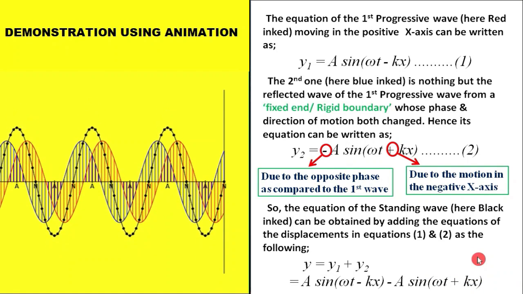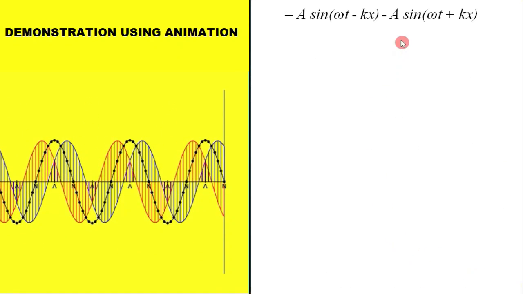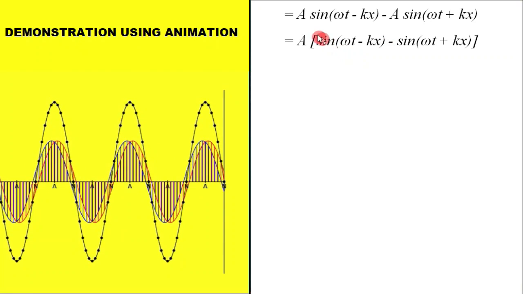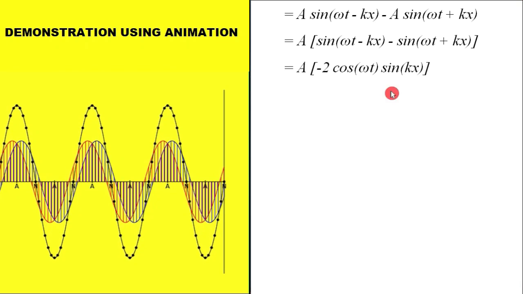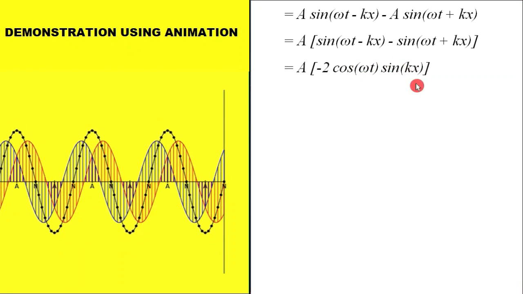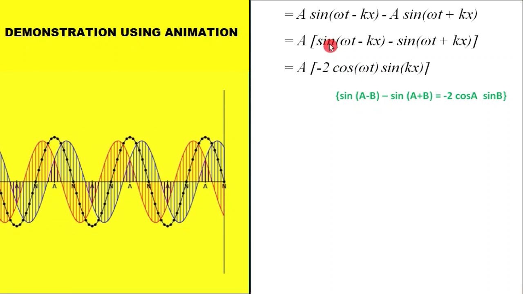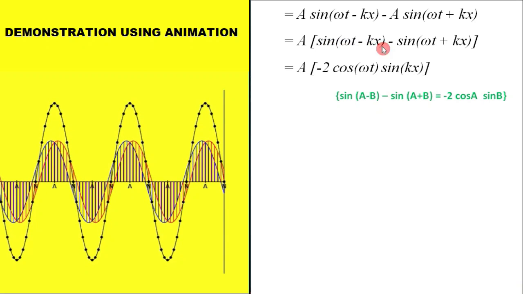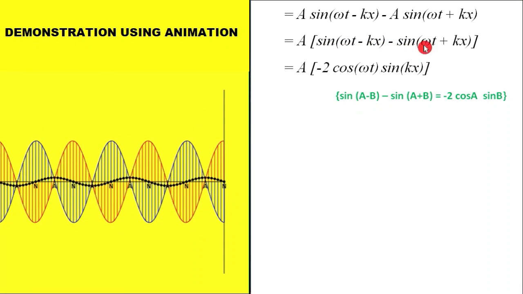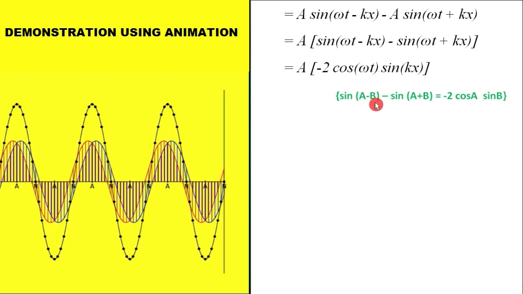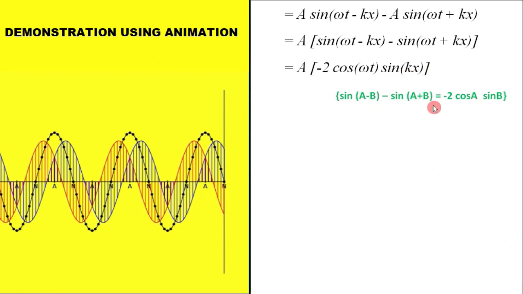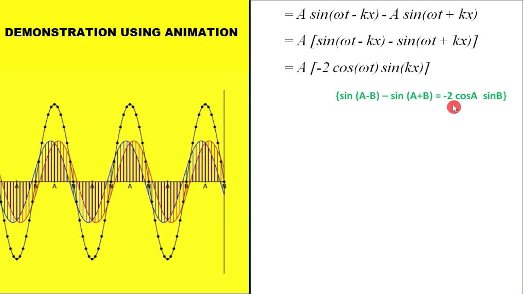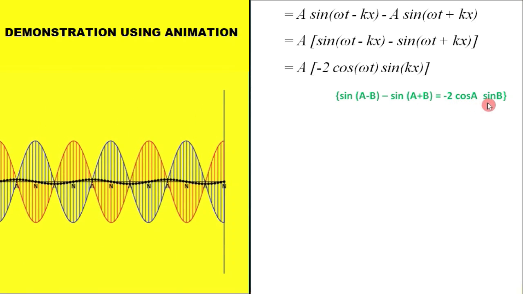Okay, now the next step will be like this. I can take the a common, and the remaining thing will be like this. But we know that this line is nothing but sin(a minus b) minus sin(a plus b). This is a very common formula in trigonometry, which will give you the answer minus 2 cos a sin b.